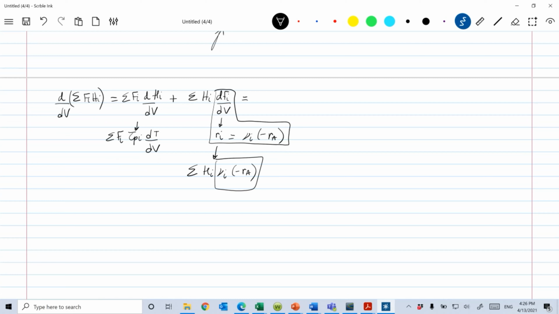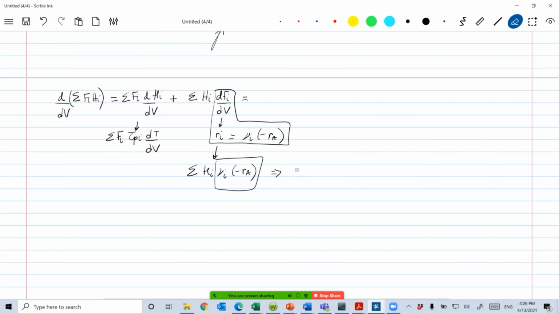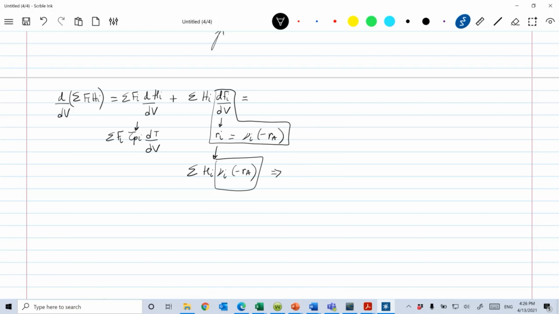So then it's equal to delta H of reaction times minus RA.